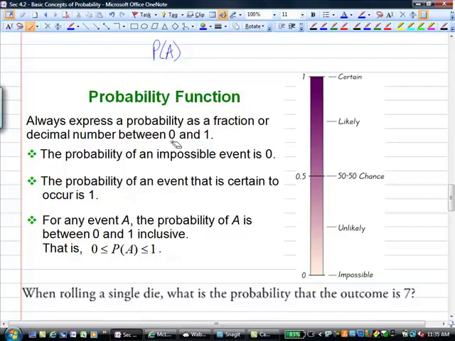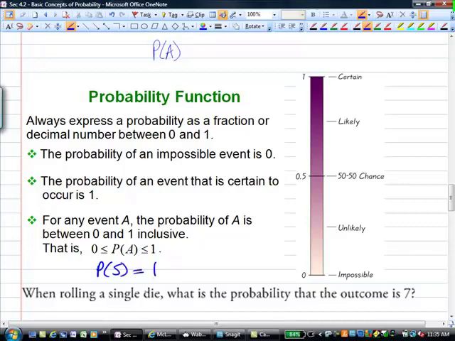It's easy for us to change these numbers into percents just by multiplying by 100. So if I say there's a 45% chance of something happening, that 45% corresponds to a probability of 0.45. The probability of an event that is certain is 1, impossible is 0, and we can take on any value in between. There's something that's left out here, and that is the probability of a sample space has got to be equal to 1.